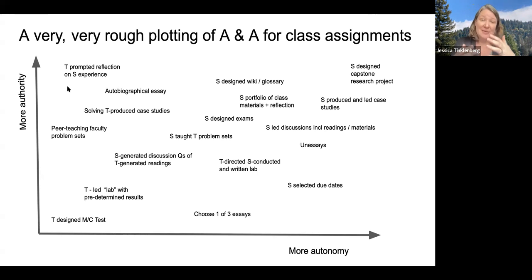And then that autonomy is really about saying, I trust you to do this and to show me how you did it. Sometimes some of these require additional reflection or an author's note or something like that, or a videographer's note that says, this is how I met the learning goals. But that kind of metacognition is important too. And I do entrust students with that. That's part of decentering myself and giving students more authority and autonomy.